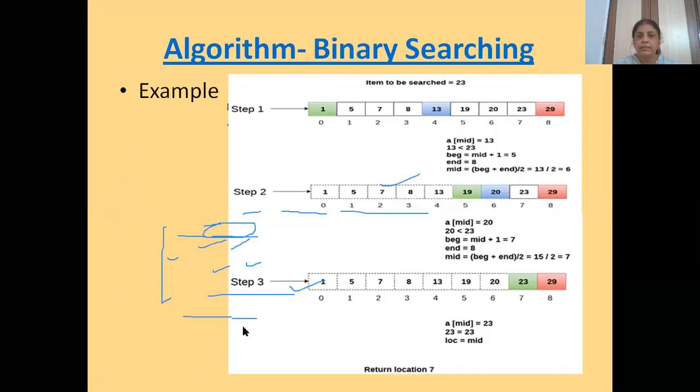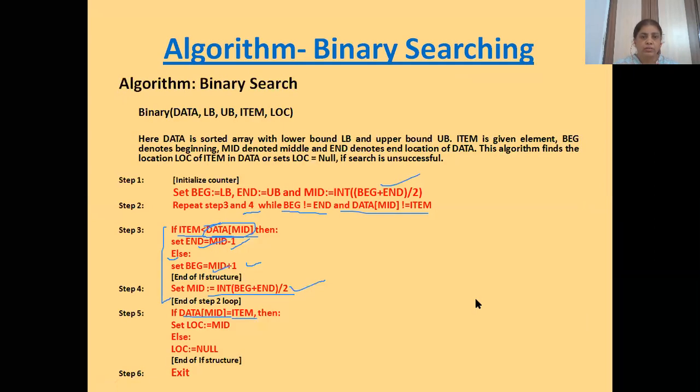And if you do not find it until the last, you keep searching, and if that value is not there in your list, then you have to say that location is not found. Is this clear now? In searching, you have to find the midpoint first. The data at midpoint you have to compare with the searched item.